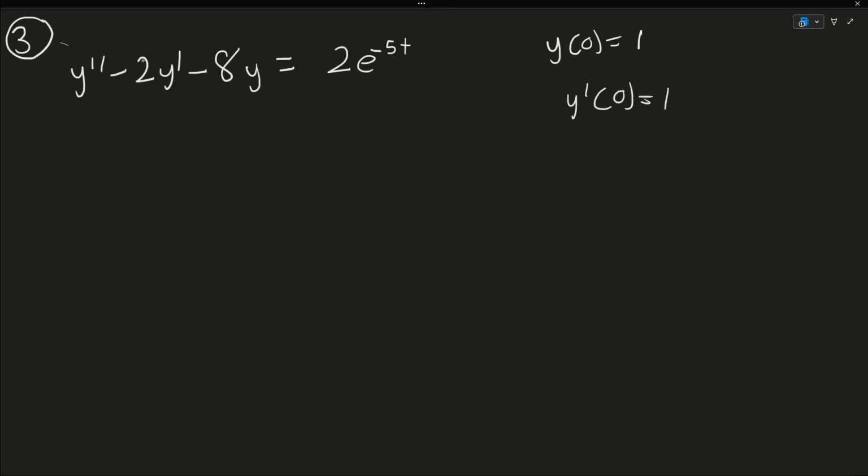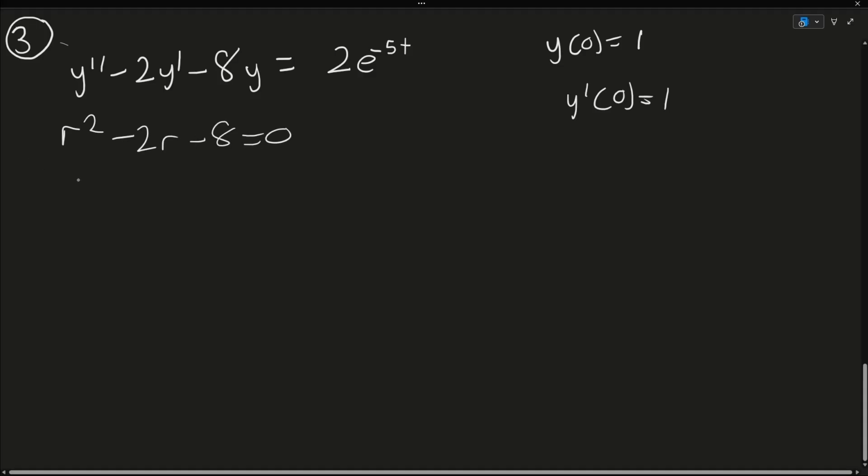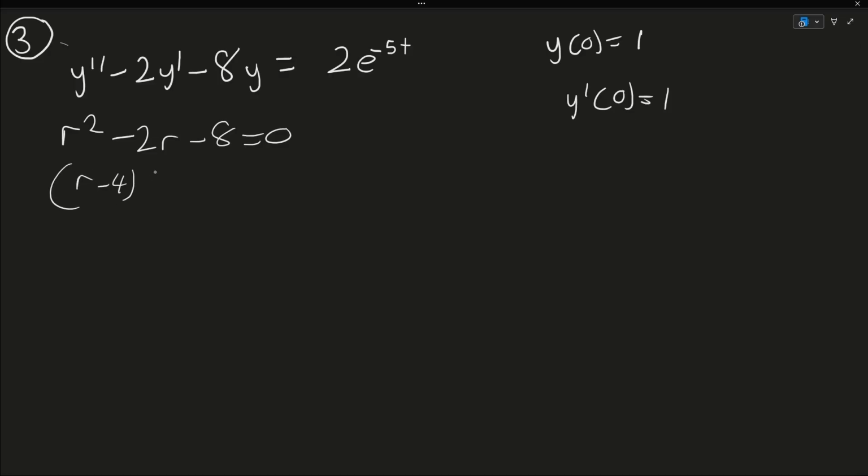Now let's work on this problem. We have a differential equation and a particular solution. It's non-homogeneous, so we will start with forming the characteristic equation equal to 0. This will give us our roots: r minus 4 multiplied by r plus 2. Root 1 is 4, and root 2 is negative 2.